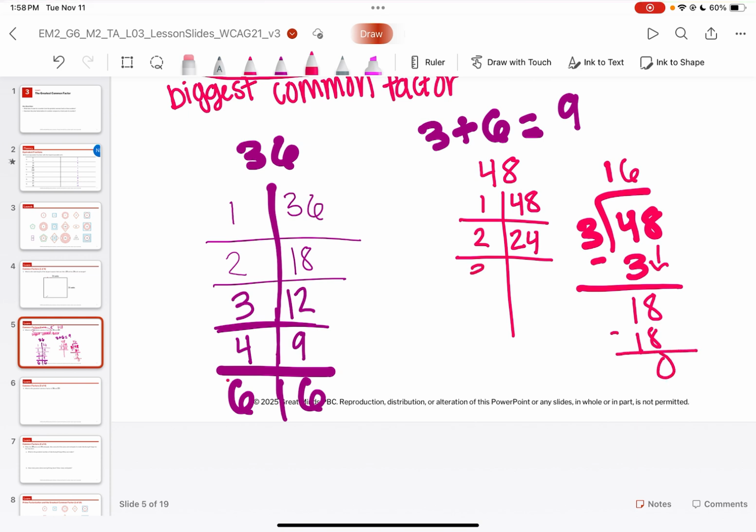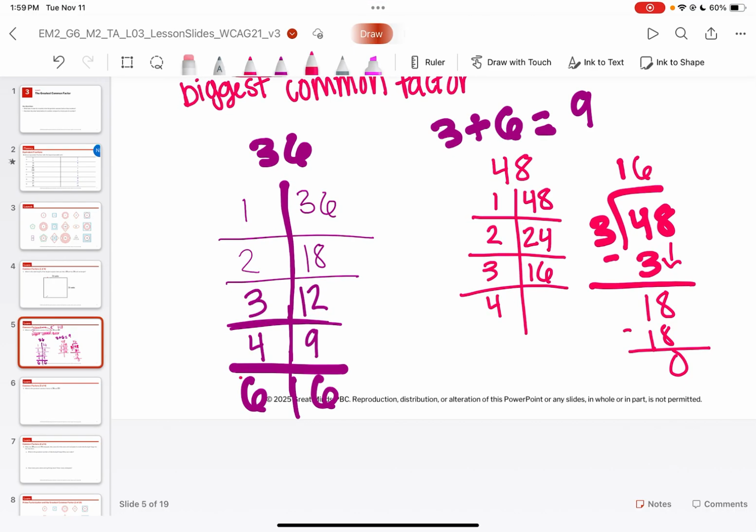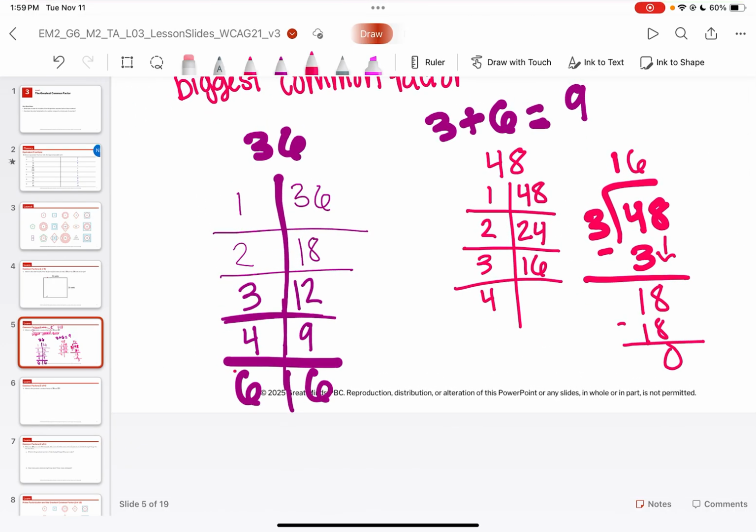So 3 times what gives me 48? Good. What about 4? 12. If I do long division, can I determine that? Sure. What about 5? Nope, it doesn't end in a 0 or 5. What about 6? 8. Good.